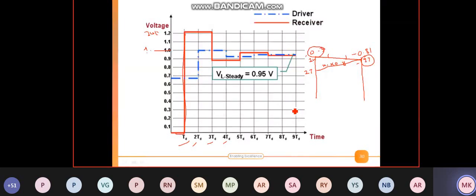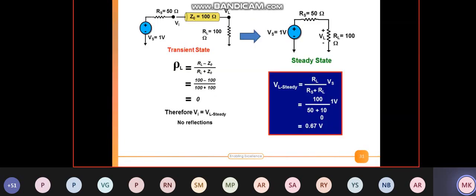So how do we solve these challenges? The best way is to add a termination resistance, which will take out all the extra energy proposed to this voltage divider network.